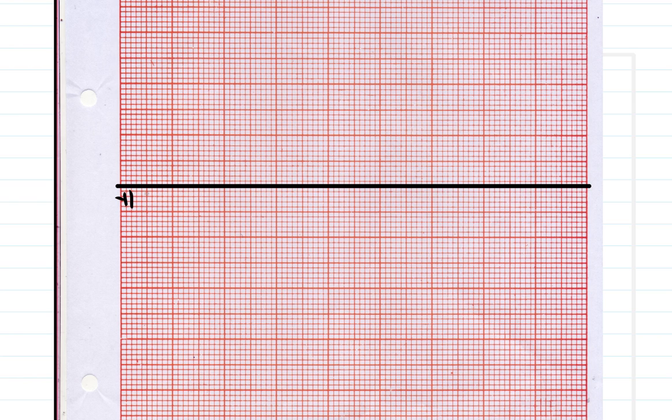This is negative 10, negative 9, negative 8. Not putting in all the numbers because it will be too crowded. Negative 7, negative 6, negative 5, down to 0, 1, 2, up to 7. Those are the values on the x-axis.